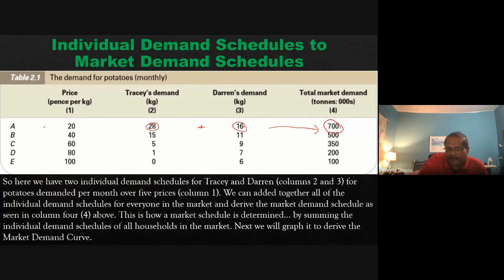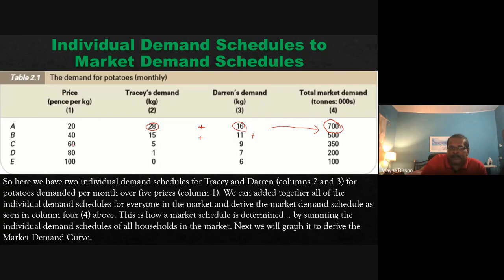So at price 20, this is the amount that everybody, Tracy and Darren plus everybody else, gives us: 700,000 tons of potatoes per month. Okay. At $40, it'll be 15 plus 11 plus everybody else in the market, which will give us 500,000 tons.